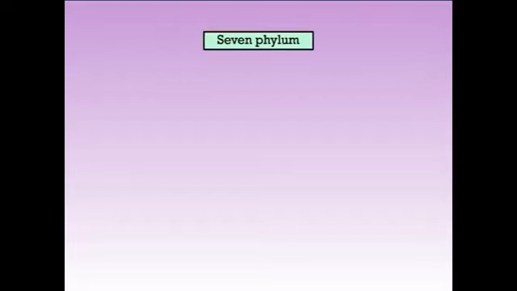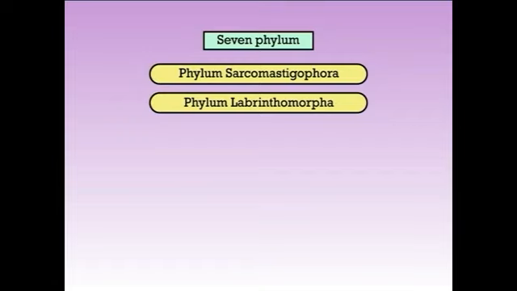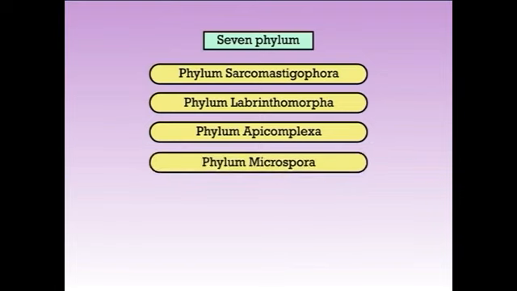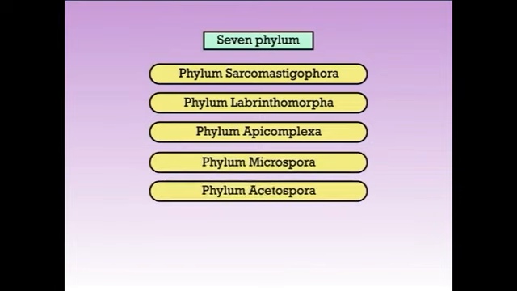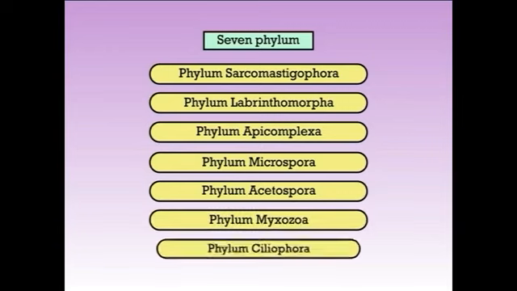The 7 phyla include phylum Sarcomastigophora, phylum Labyrinthomorpha, phylum Apicomplexa, phylum Microspora, phylum Ascetospora, next is phylum Myxozoa, and finally phylum Ciliophora.